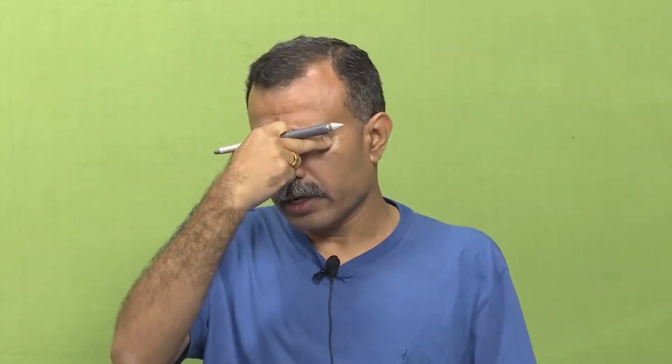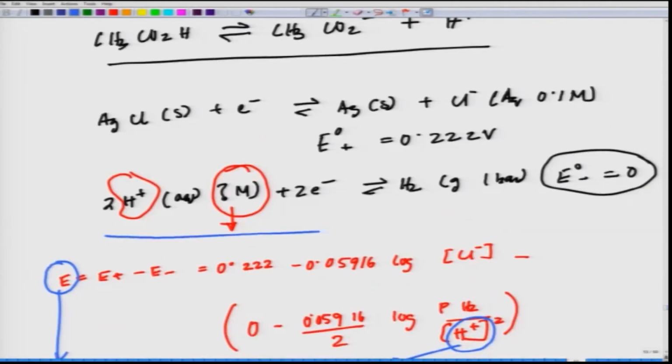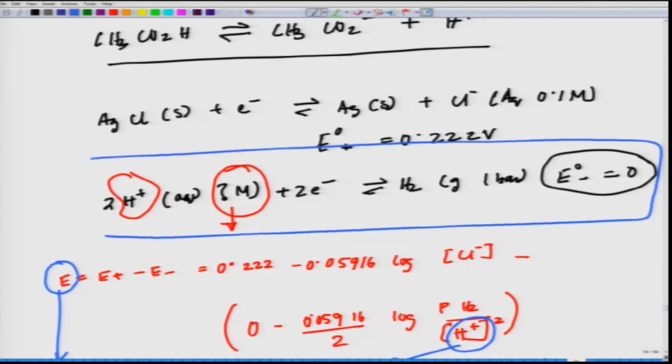It is a very simple thing: if you can build up the redox reaction, you can figure out how to measure the concentration. What we essentially did was measure this value which was unknown to us.